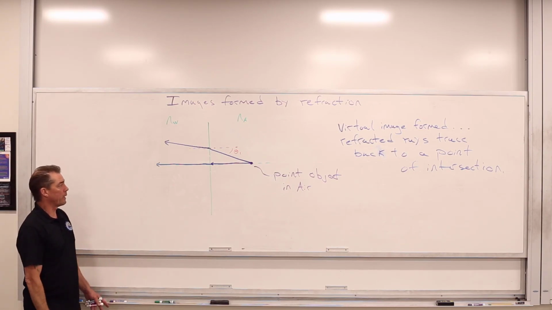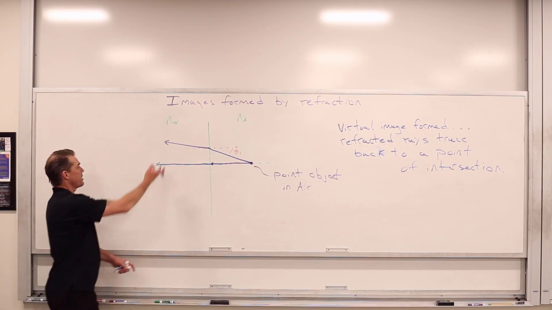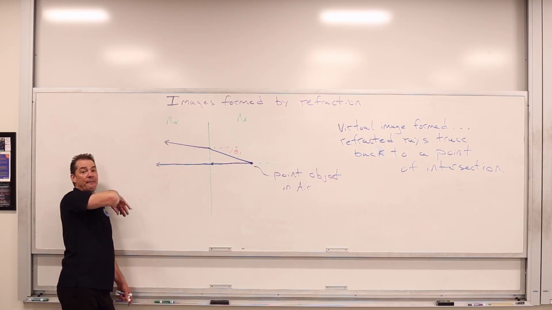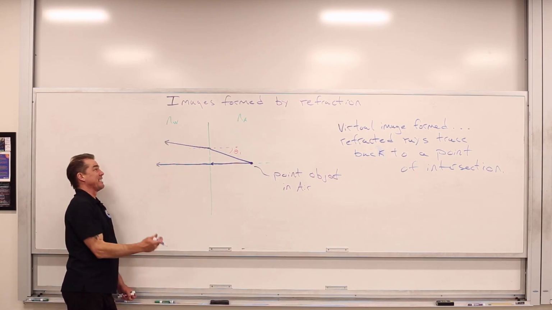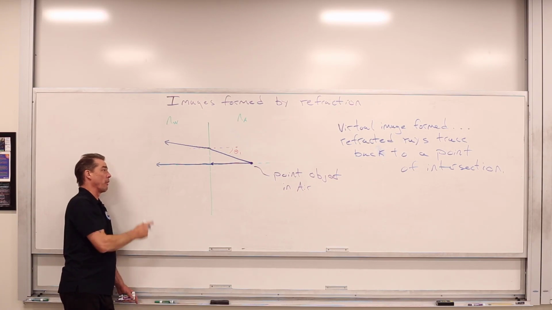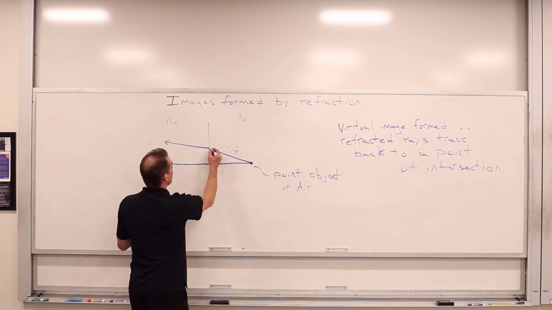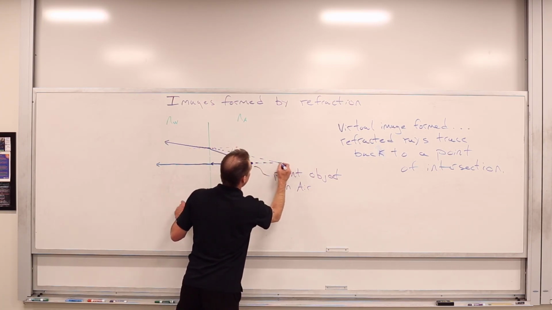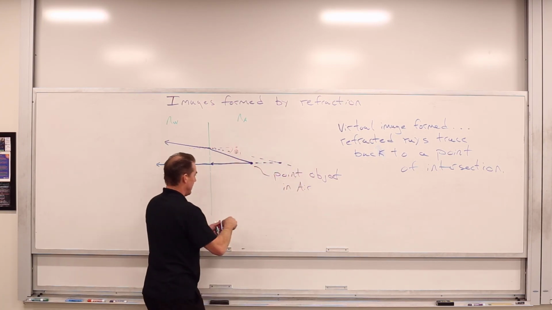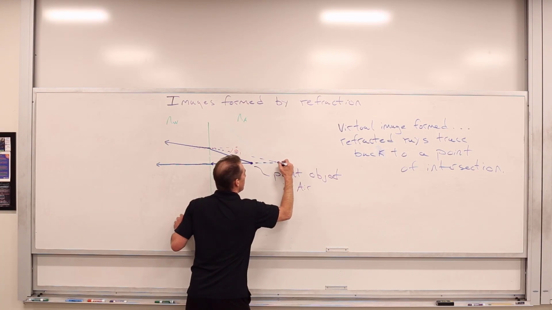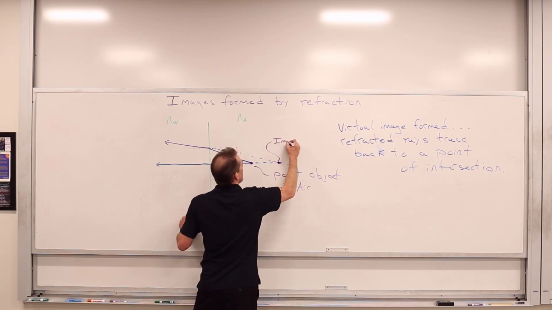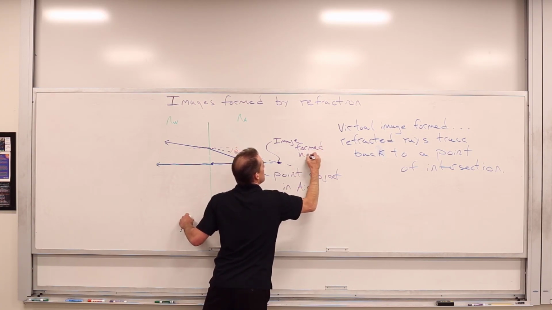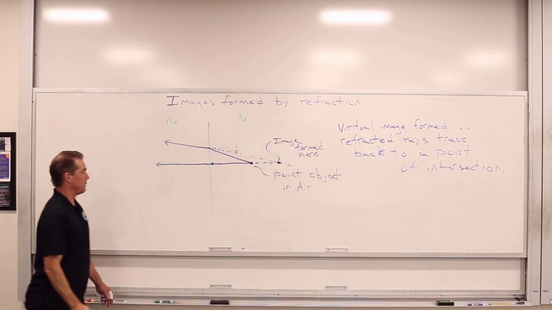Well, what are we going to get in terms of intersection? Nothing's going to intersect on this side. We're still going to have divergence of the refracted rays as they exit the air and enter the water. But again, we'll still have that they trace back to a point of intersection, and that's where the image is going to be formed.